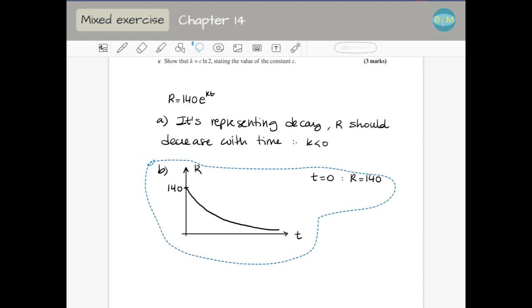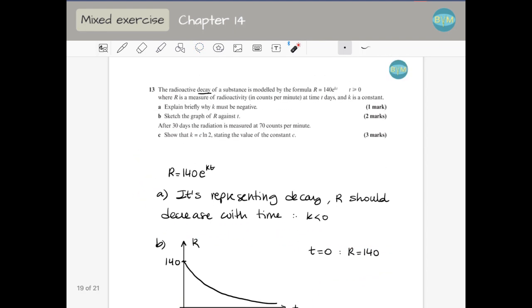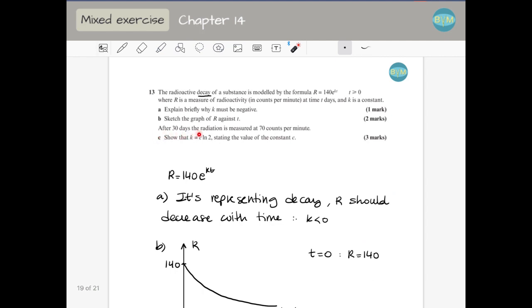And then for C, after 30 days, the radiation is measured at 70 counts per minute. So R is 70 when t is 30. We have to show that k, this constant here, can be written as a constant times ln 2, giving the value of c.